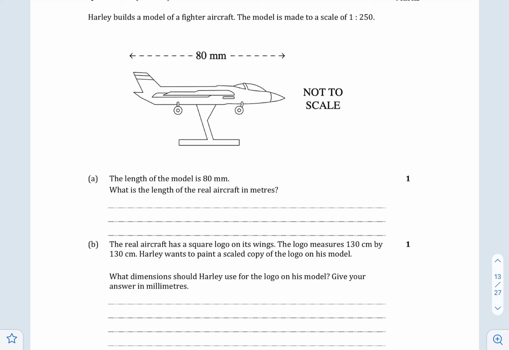Well, first of all, what this is saying is that every millimetre on the scale is 250 millimetres in real life. So the first thing I want to do is do 80 multiplied by 250. When I do that, I get 20,000 millimetres. Now, to get it from millimetres to metres, I like to use this.